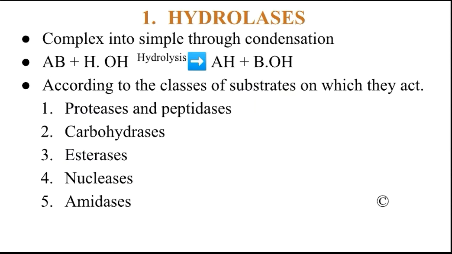First enzyme is the hydrolase. This enzyme breaks up the complex molecule into simpler components through the process of hydrolysis or condensation of the substrate. You can see in the reaction I have put here, AB, just alphabets, plus HOH is the hydrolysis form giving AH plus BOH.